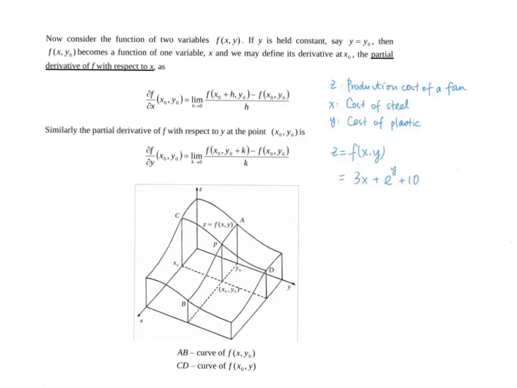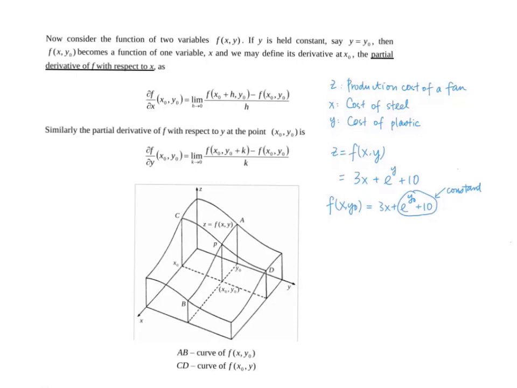In a real-life scenario, imagine that the production cost of a fan depends on the cost of steel and the cost of plastic. If we wish to know how the change of cost of steel, x, affects the cost of the fan, z, we will first treat the cost of the plastic, y, as constant and consider the derivative of the function with respect to x.